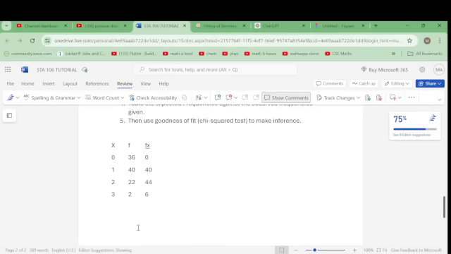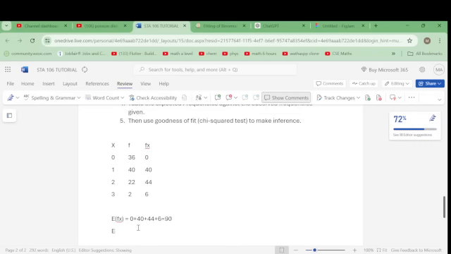The sum of fx, let me write it out. Let's use capital letter E for our symbol here. That's not the real symbol, but I'm just using it here. Equals what? 0 plus 40 plus 44 plus 6, which equals 90.